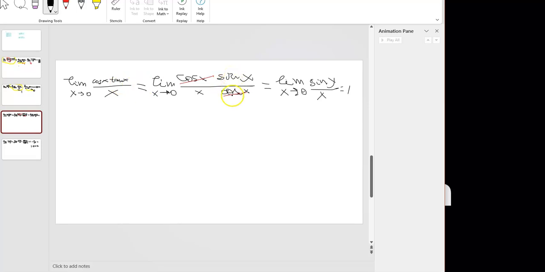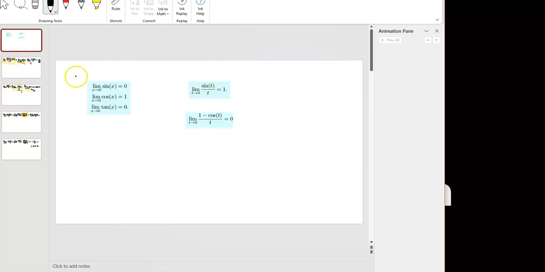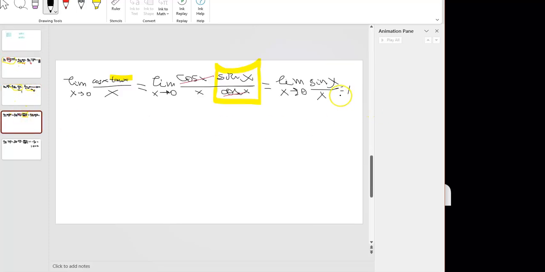Tangent is sine over cosine. When you replace tangent by sine over cosine, you can see that you can cancel cosine in the numerator and cosine in the denominator, and you will be left with the limit as x approaches 0 of sine x over x. And this limit, as we remember, is 1. So the answer to this is 1.